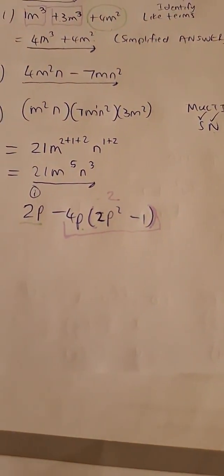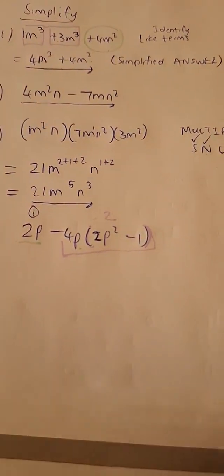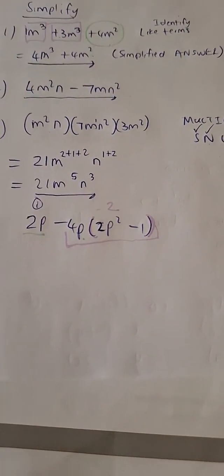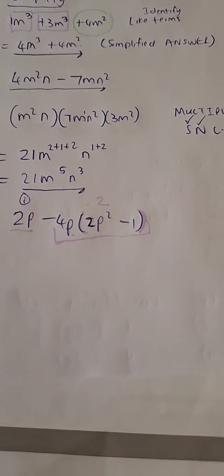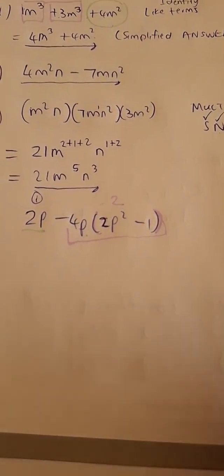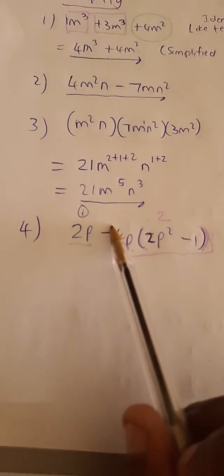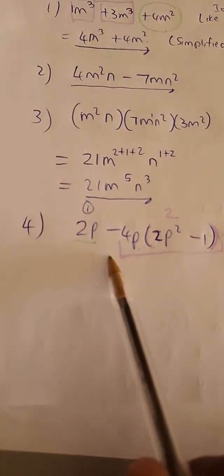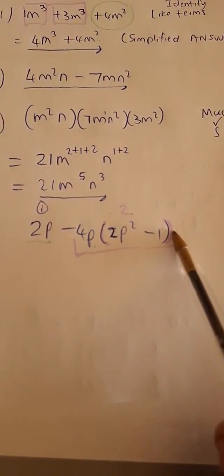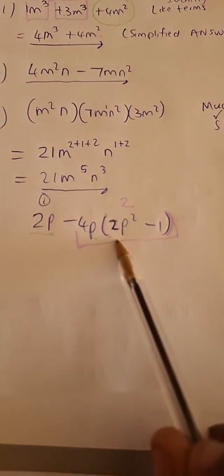So in essence, go back to the question I asked in the beginning. How many terms are in this expression? If you've just listened to what I explained now, you are going to say there is 1. The minus sign separates. There are 2 terms. The reason it becomes 2 is because of this bracket. This bracket makes 2p squared minus 1 become 1.